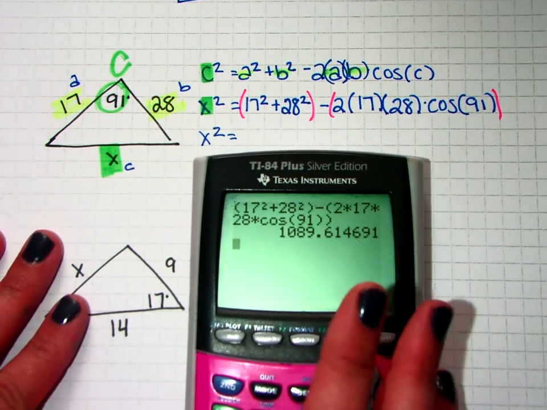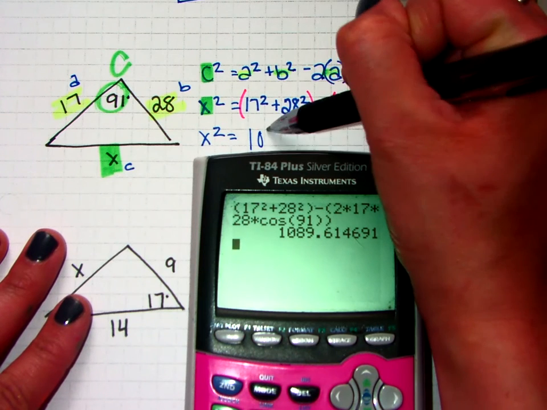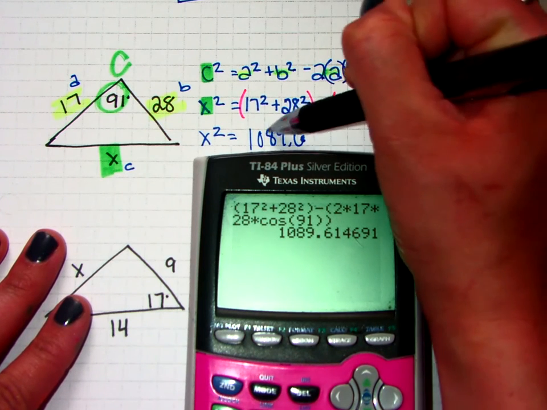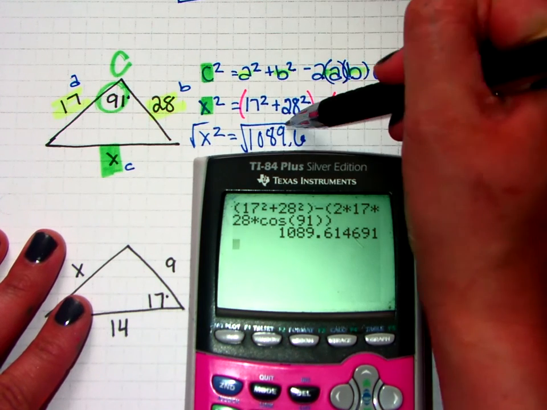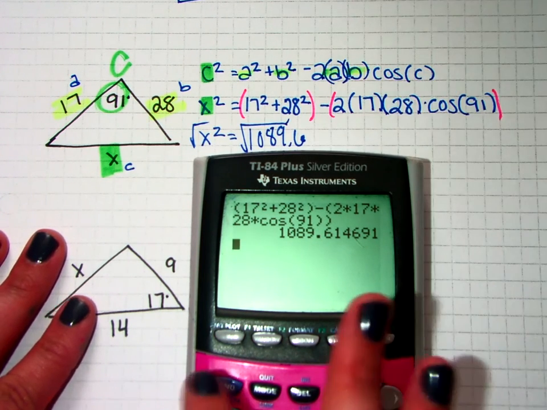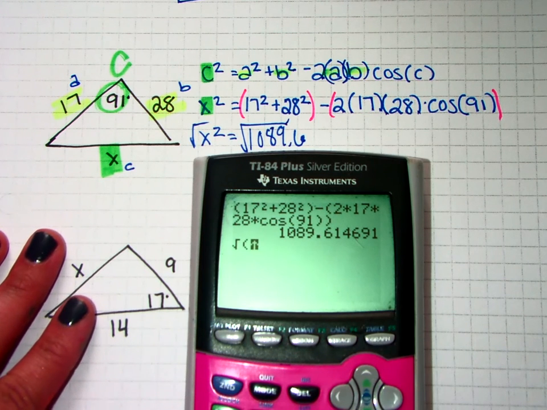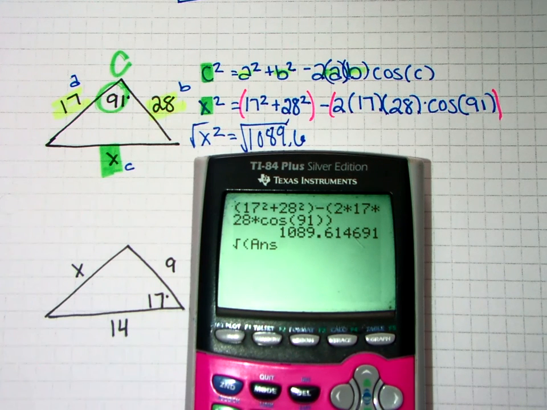We get 1089.6. We want to square root that answer. So I'm going to press second x squared, second negative sign. So square root of my answer, 33.